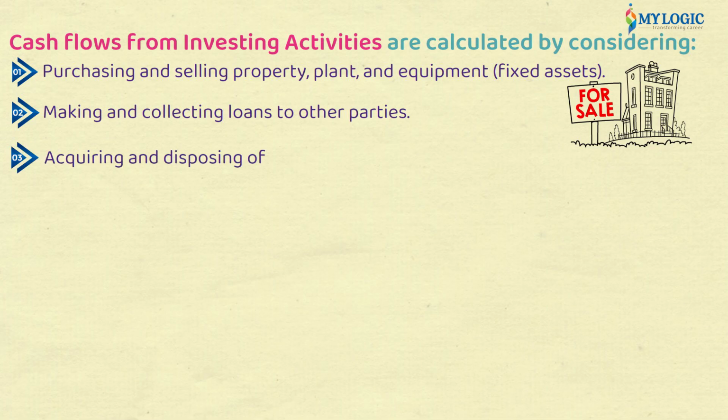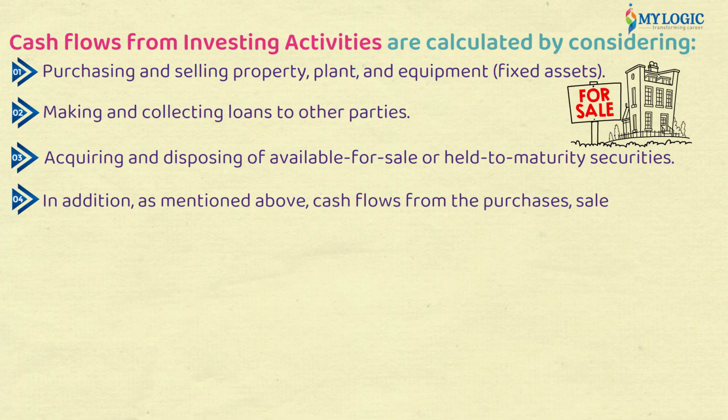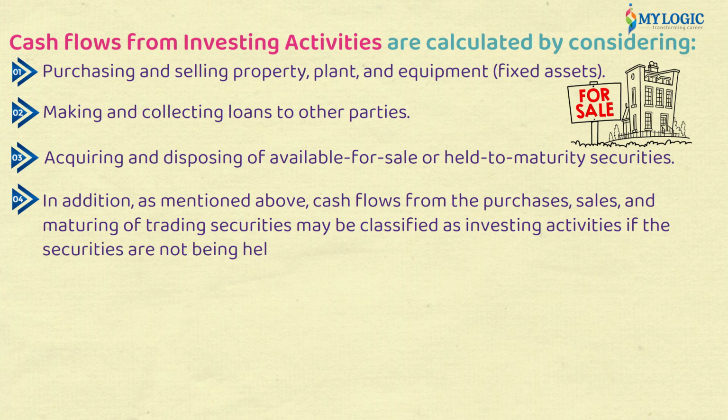Acquiring and disposing of available for sale or held to maturity securities. Number 4. In addition, as mentioned above, cash flows from the purchases, sales, and maturing of trading securities may be classified as investing activities if the securities are not being held for sale in the near term.